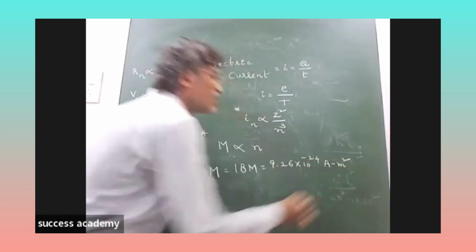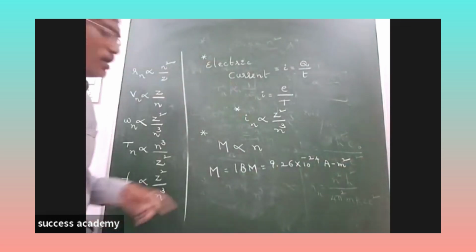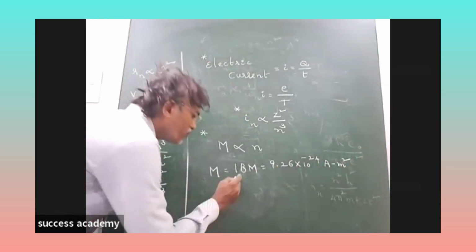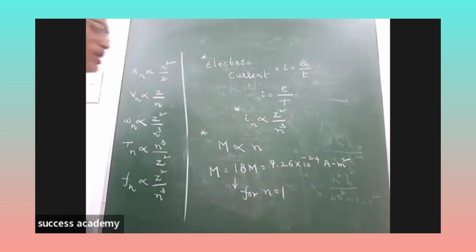That is the unit of the magnetic moment that we will discuss in the lesson magnetism and matter. So Bohr magneton is for n equal to 1 as well as Z also equal to 1. The name of that is nothing but Bohr magneton. Try to remember this.